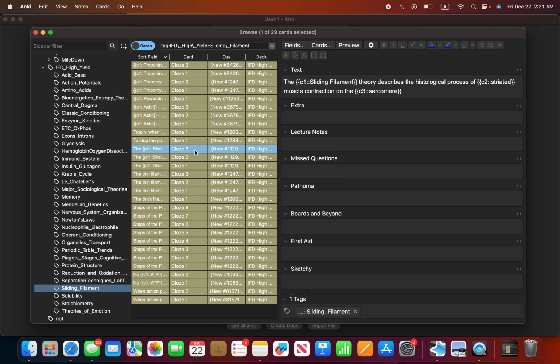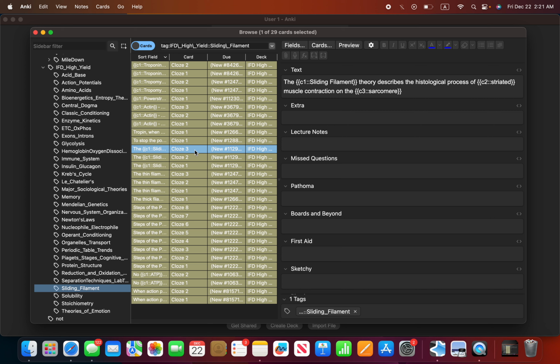So what describes the histological process of striated muscle contraction on the sarcomere? It is the sliding filament theory. What is the sliding filament theory describing?